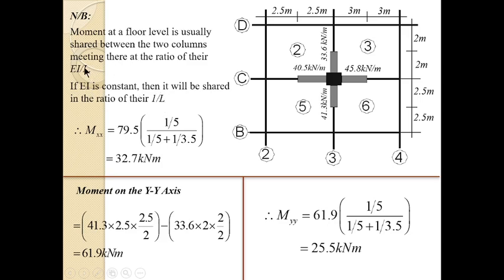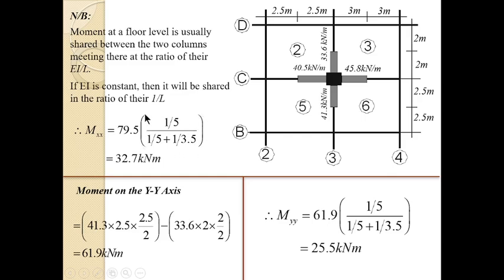In this case, we are not told anything about EI, which means EI is constant for the two columns. So we share the moment to the two columns in the ratio of their 1 over L. The lower column we were considering has a length of 5 meters, so you have 1 over 5 divided by the sum of their 1 over L, which is 1 over 5 plus 1 over 3.